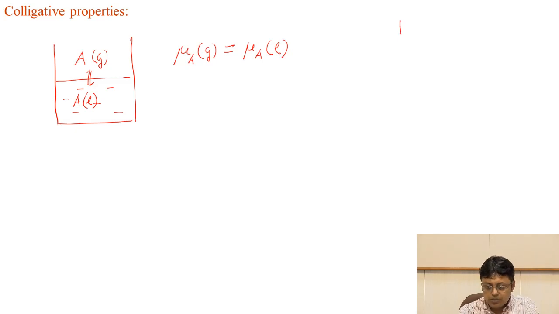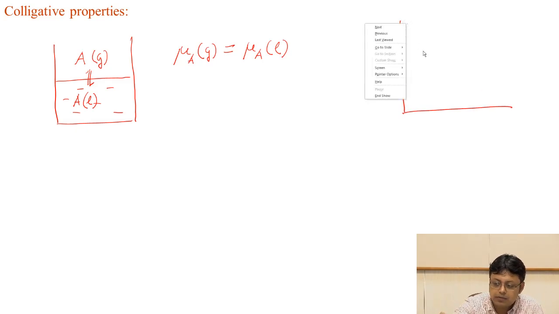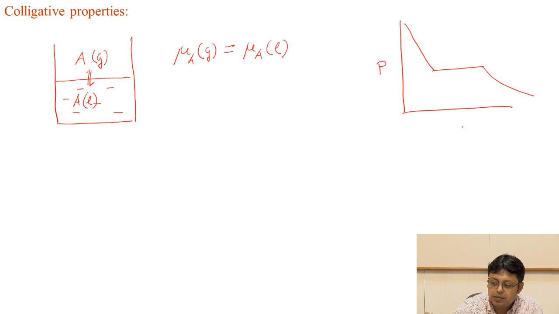And we discussed it in various contexts actually. If you remember when we discussed the Andrews curve, you saw this nice pressure volume curve, where we discussed that over a large range of volume, pressure is kept constant. This is also an isotherm, which means temperature is also constant.